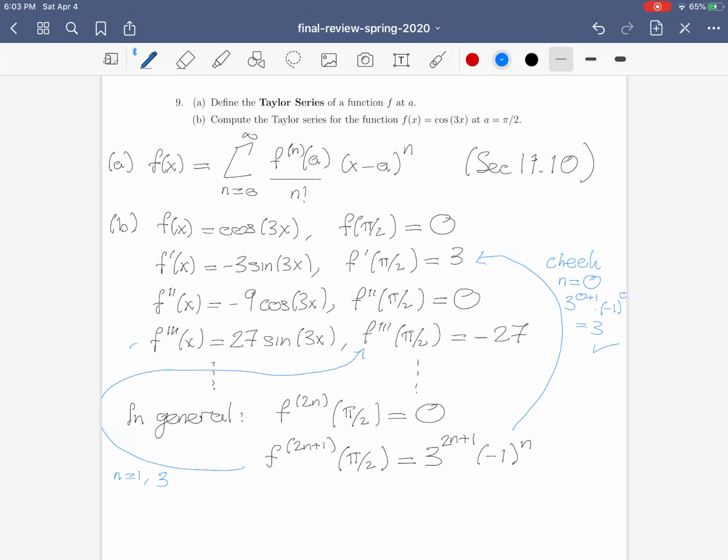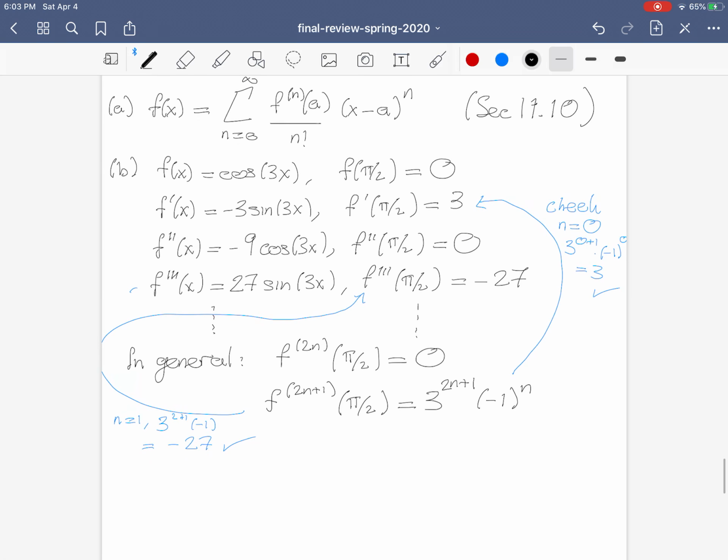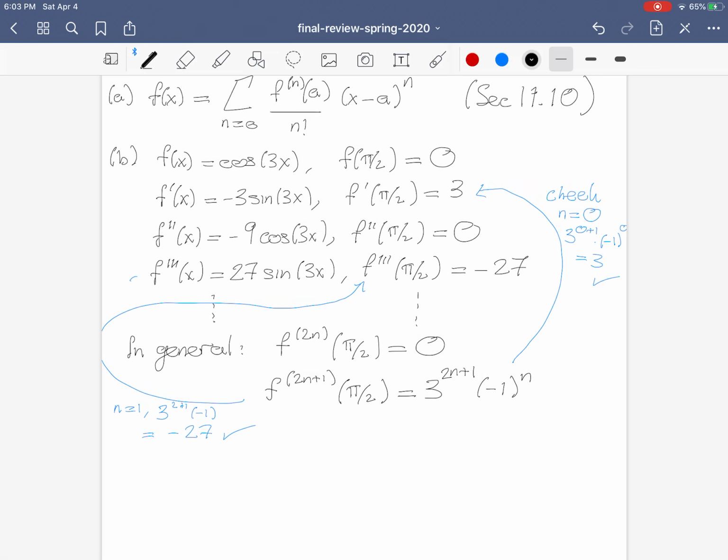And my formula tells me I should have 3 to the 2 plus 1 times negative 1, which is negative 27, which is what I have, which is correct. And from that, I'm going to say that this is the correct formula for the 2n plus 1 derivative. And if you wanted to prove this formally, you could just prove it by induction.